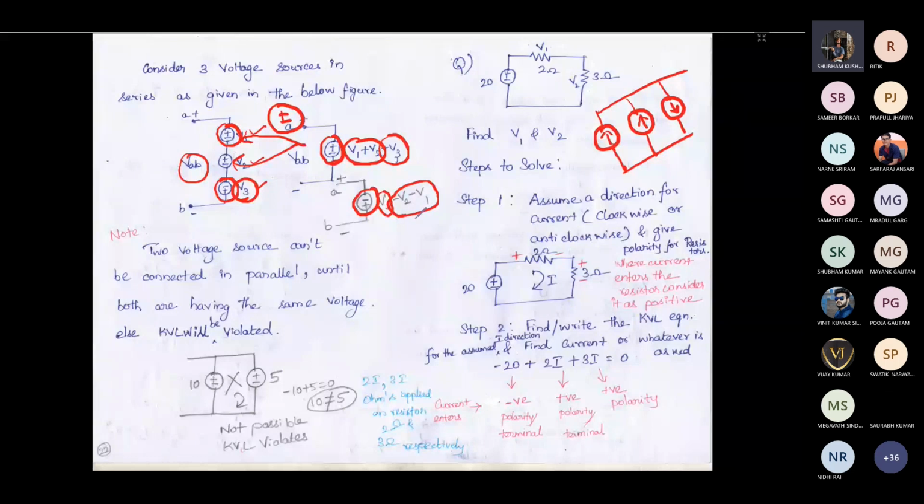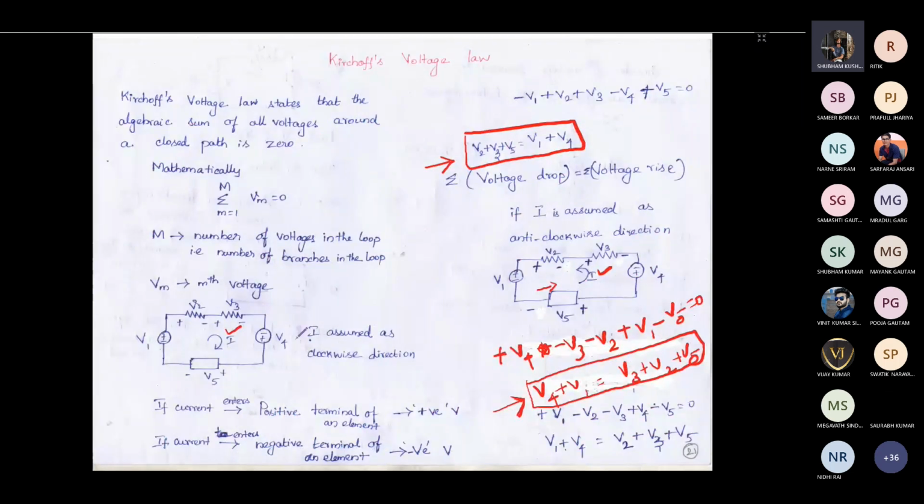So here we have n number of voltage sources connected in series, which can be considered as a single source written like this. In the previous circuit, these two voltage sources are connected in series because the same current flows through both the voltage sources. So you can write like this.